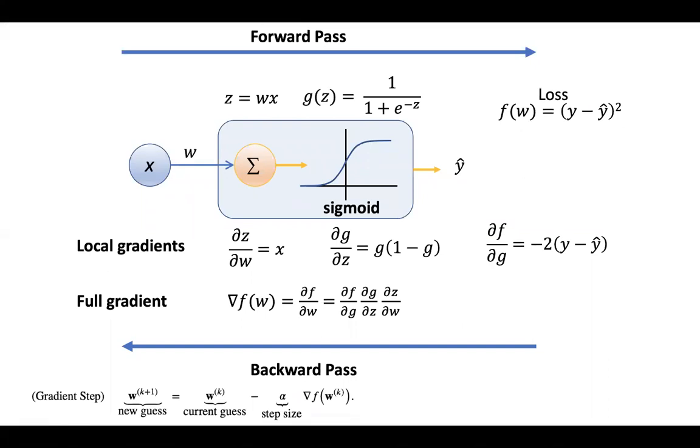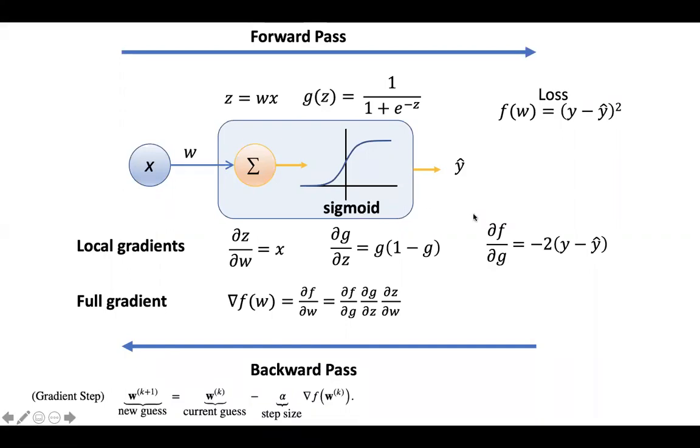The easiest way to do it is to first compute the partial derivative of this function with respect to J, or Y hat. Then compute the next local gradient, the partial derivative of J with respect to Z, and the partial derivative of function Z with respect to W.